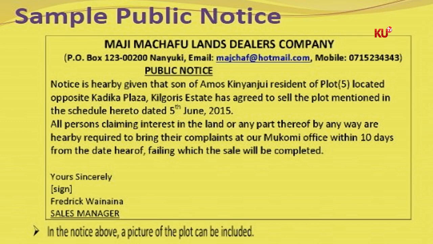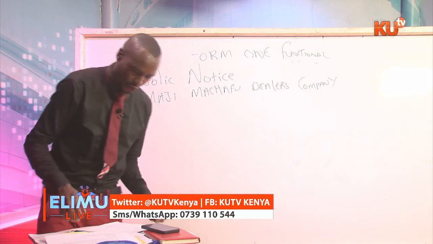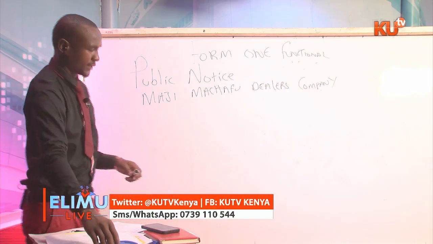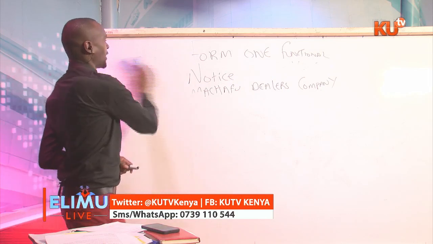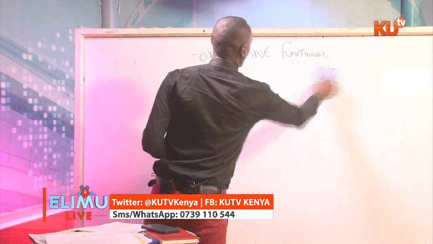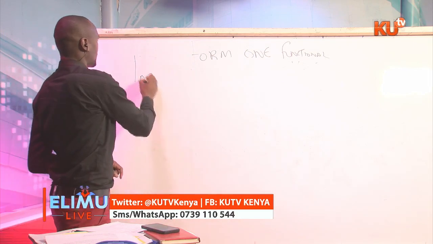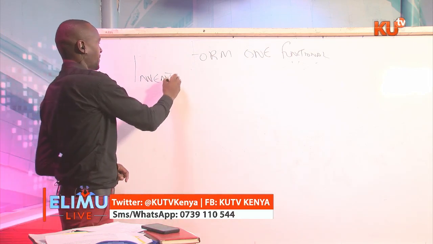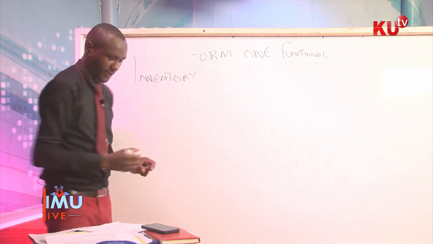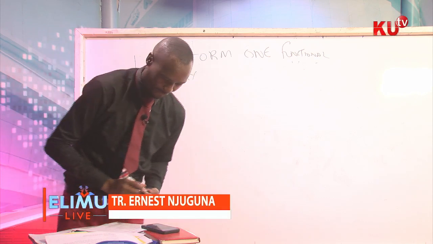I hope you can clearly understand it. The last item in Form 1 is the inventory. What is an inventory?